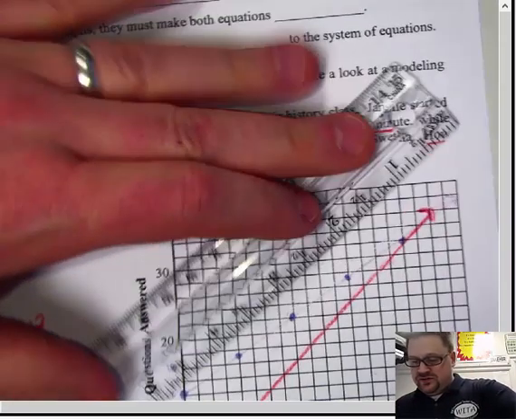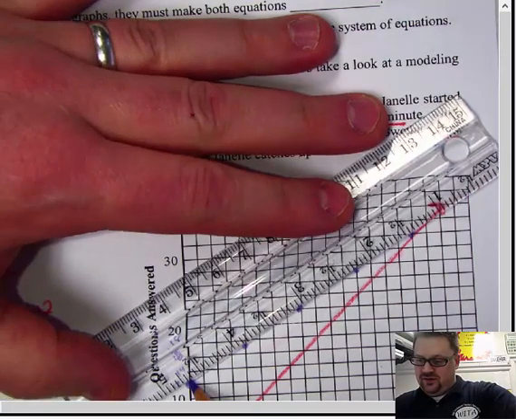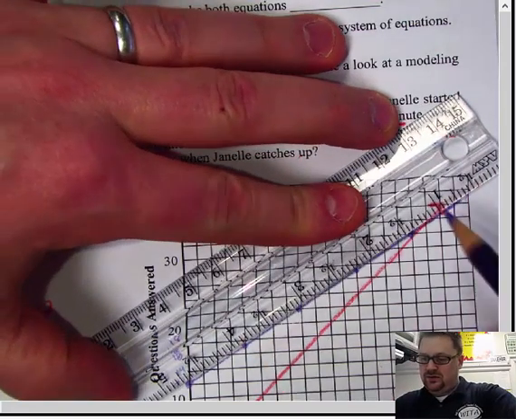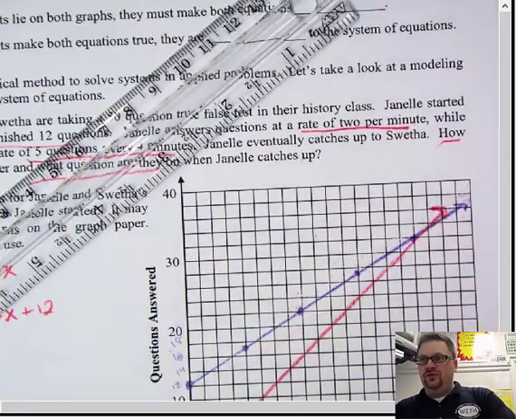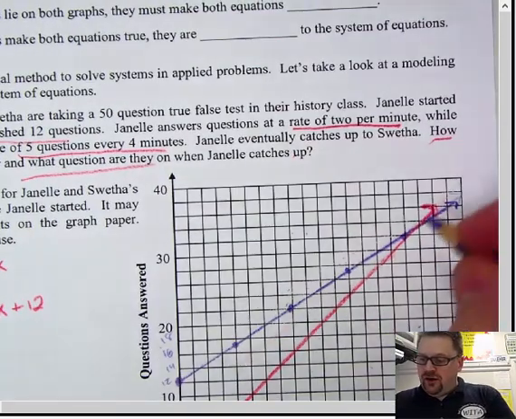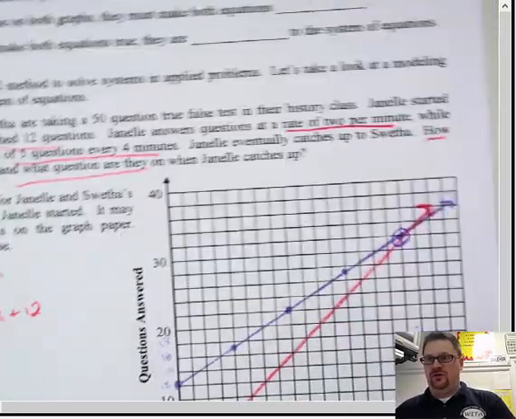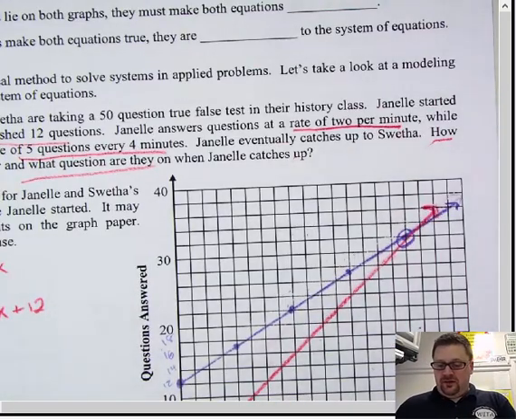So I've got enough points to connect and make my line. And I do notice, and here's the whole idea, that these two lines cross each other, have the same point right there at (16, 32). And that is actually the answer to letter B.